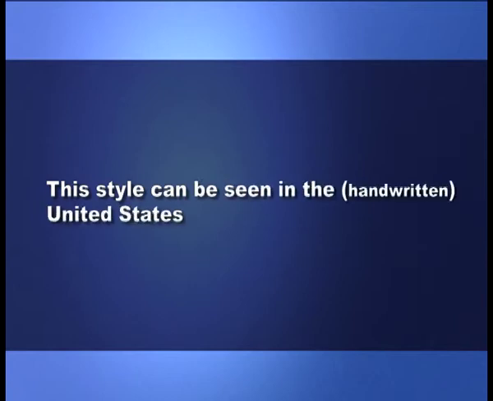Modern English typography usually indicates a new paragraph by indenting the first line. This style can be seen in the handwritten United States Constitution from 1787. For additional ornamentation, a hedera leaf or other symbol can be added to the interparagraph white space or put in the indentation space.